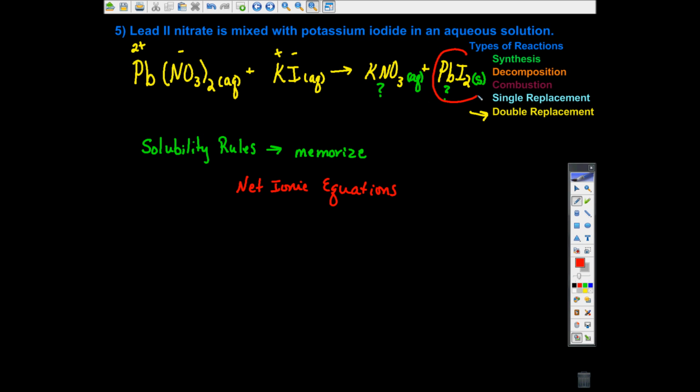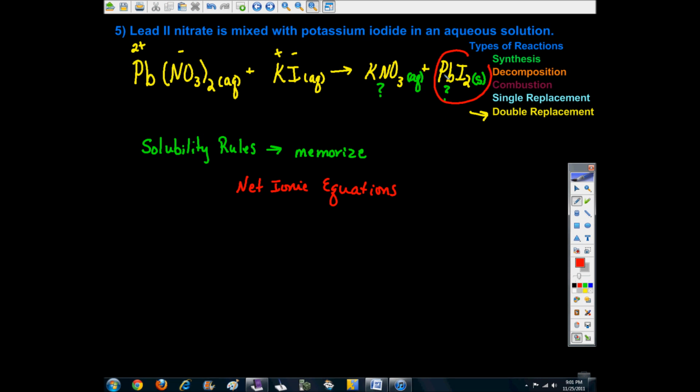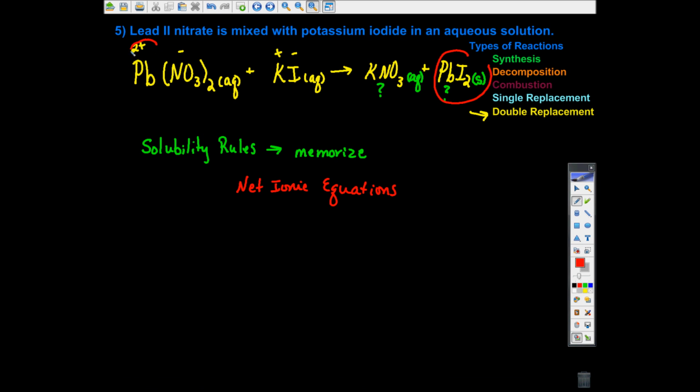This is new. Everything else is remaining dissolved. So I need to write an equation for the formation of this lead 2 iodide. Where does it come from? It comes from this ion and this ion right there. So that's what I'm going to write down here for the net ionic equation.